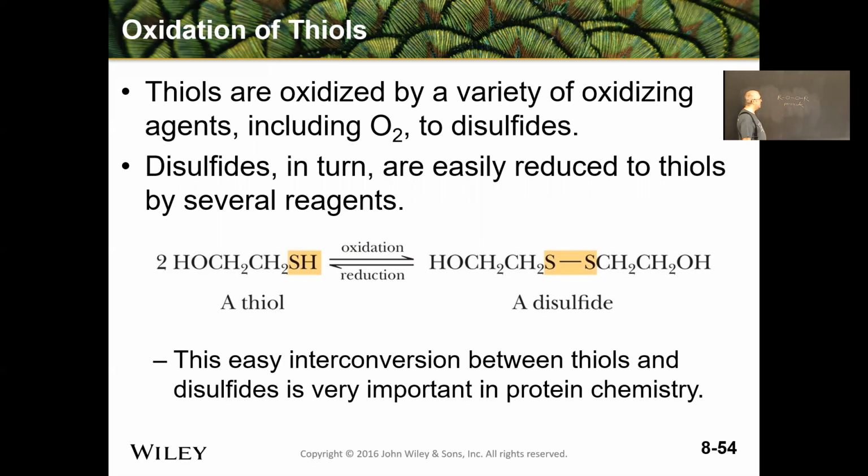The bond between the two oxygen atoms is very weak. Peroxides are explosive. It just takes heat or light or even mechanical shock to detonate peroxides. So this is another big difference between sulfur and oxygen.